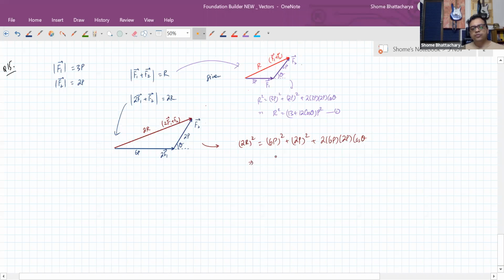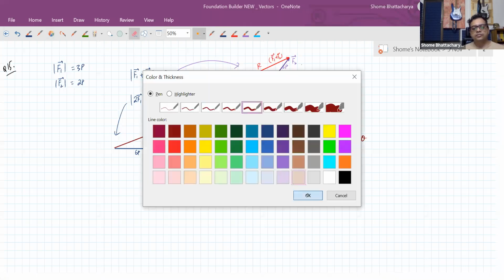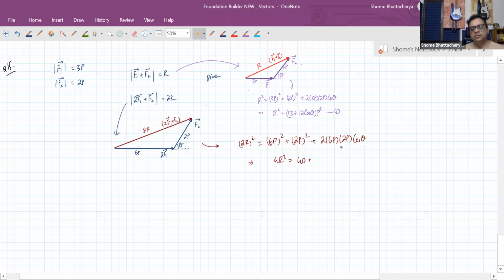So this tells me that 4R square is equal to 36 plus 4, so that's 40p square. So 40 plus, we can take p square common, 40 plus 24 cos theta p square, or it says that R square is equal to 10 plus 6 cos theta into p square.